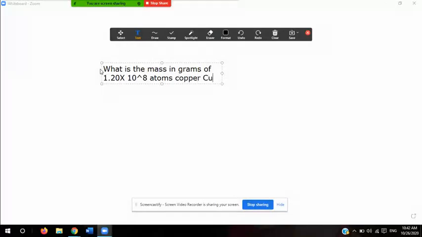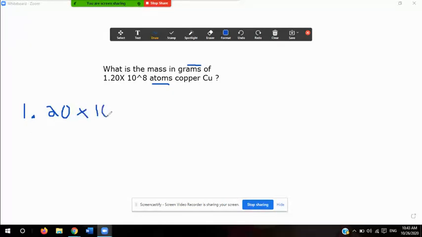Copper is Cu. So here, I actually want to go from atoms to grams, because I'm getting 1.20 times 10 to the power of 8 atoms, and I want to go to grams. We cannot go directly from atoms to grams. So that means we have to make a little bit of a pit stop, and we have to actually convert our atoms of copper into moles of copper.